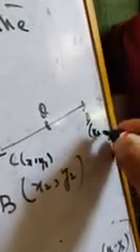Here Q is a point. This is a midpoint. We already know that the coordinate point of C is x1, y1, and the coordinate point of D is x2, y2.